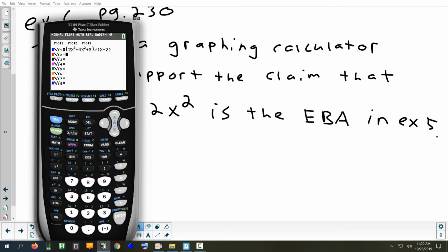And let's graph the EBA. Now, when you hit graph on y1, something weird is going to happen at 2. 2 would cause you to divide by 0. So this is not going to be a nice connected graph. So let's hit graph and see what happens. Might have to zoom out.